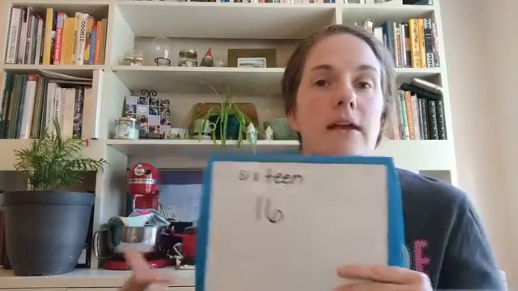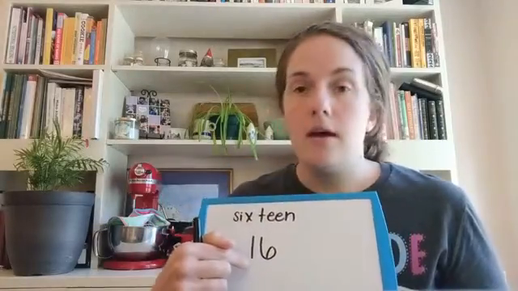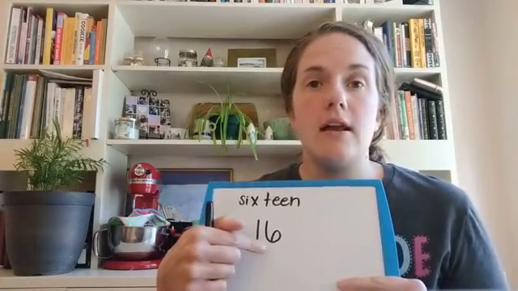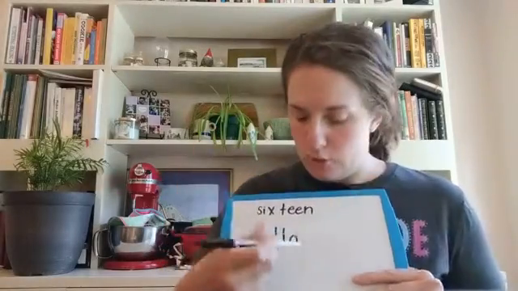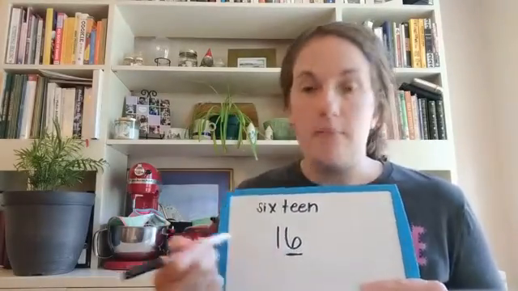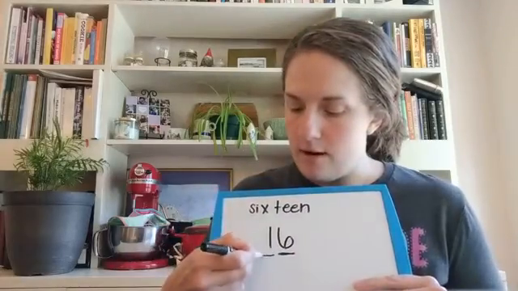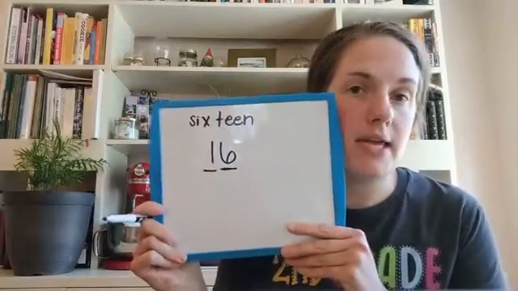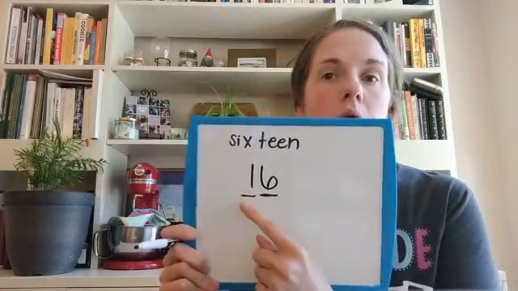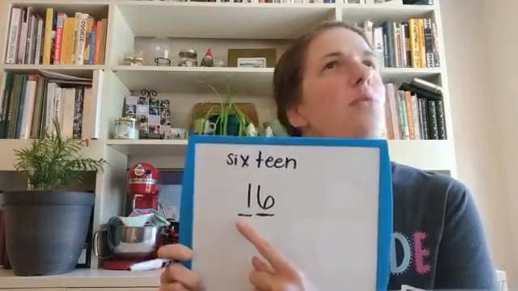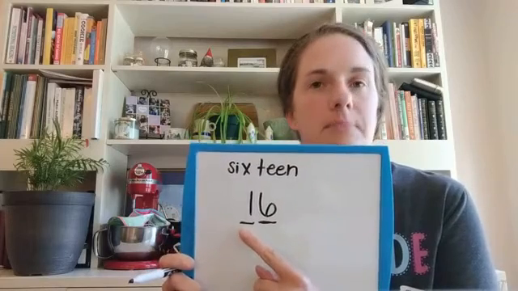Now we're going to look at this number and think about expanded form. When we do expanded form, we look at where the digits are in the number to help us. In this number, it's a 2-digit number, which means we have a number in the ones place and a number in the tens place. When we think about expanded form, we don't just write 1, we think about what 1 in the tens place means.